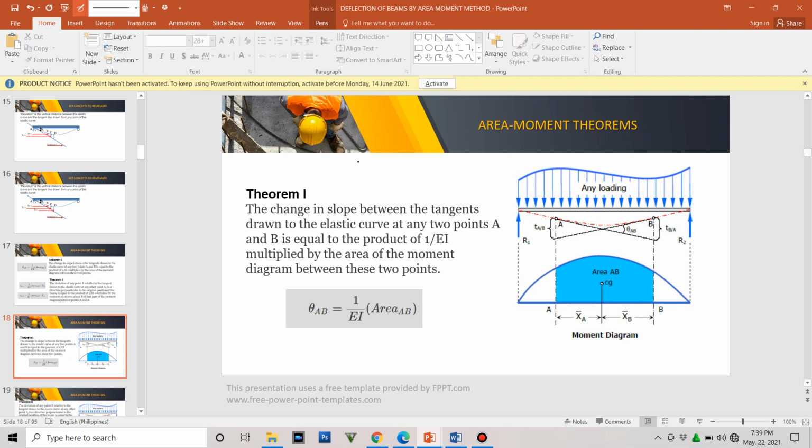Kapag gumawa ka ng linyang paganyan, kapag may corresponding angle yan, itong angle na to usually is negative, no? Ngayon, kapag naging horizontal yan, ibig sabihin, maximum na yung ating deflection.